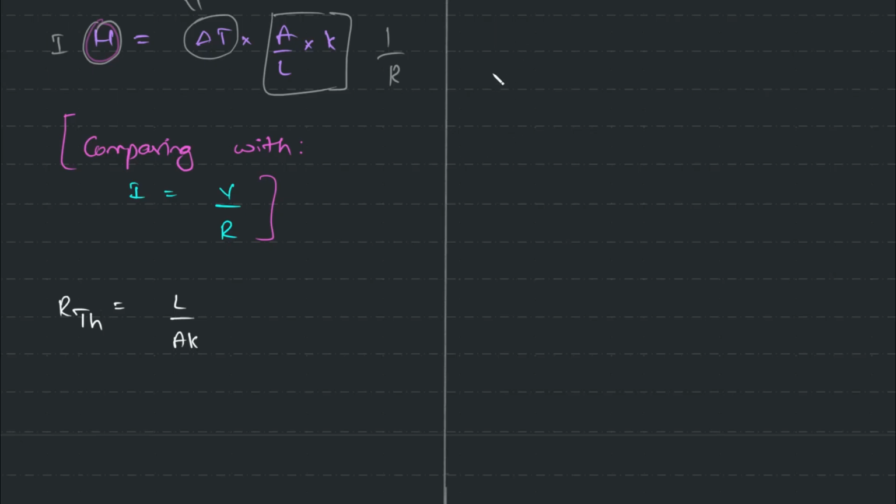So as a definition, to define 1 unit of thermal resistance, or to figure out the thermal resistance of a given material, what I can do is, I can make use of R is equal to delta T by H, voltage by current. I can use this.